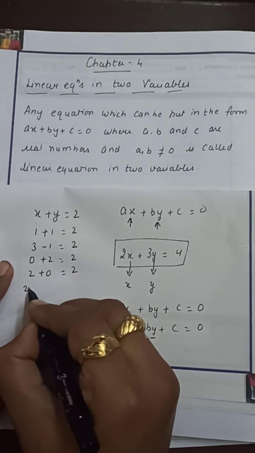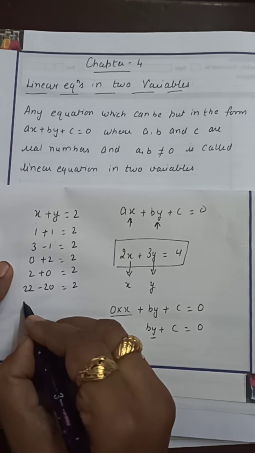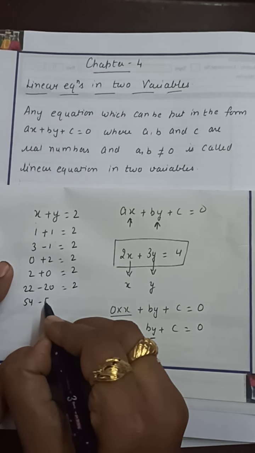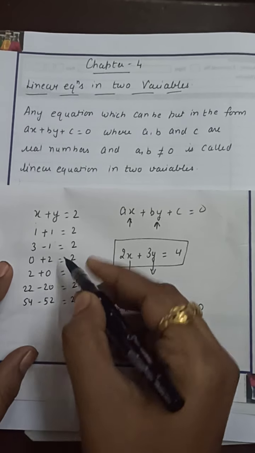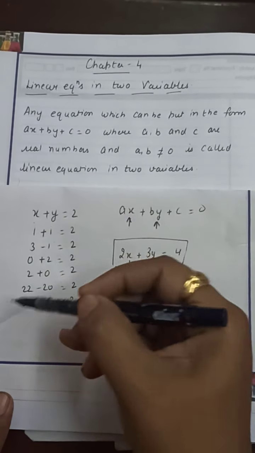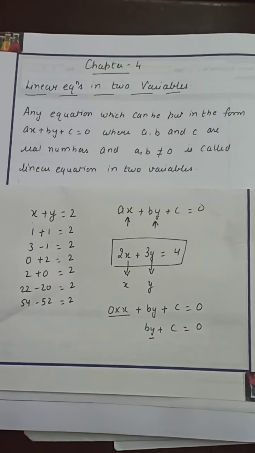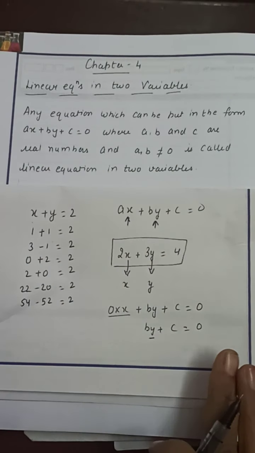It can be 22 minus 20. You can take 54 minus 52. So you can put n number of values in that, and you will get the answer as 2. So a linear equation in two variables must have infinitely many solutions.